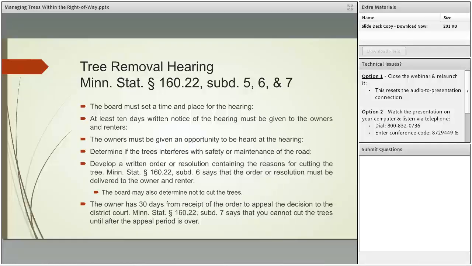So in total, that would be 58 days from invoking this procedure until the town board can remove the tree, if there is a hearing involved and the board is moving as quickly as possible. It will likely take longer, sometime between 60 and 90 days if a hearing is requested, before the town board can remove the tree.